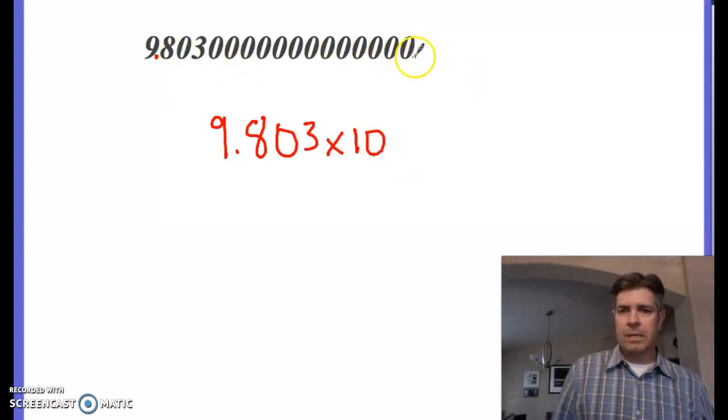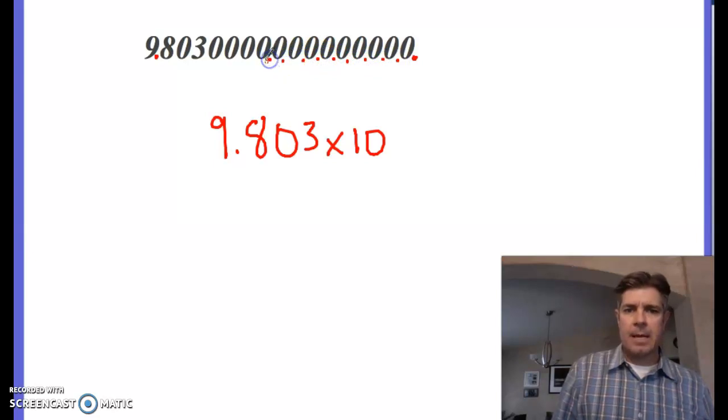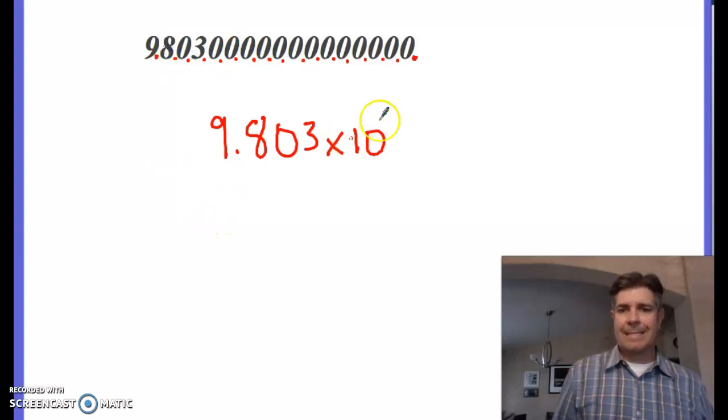Okay, and so here's where the decimal point would be, right? And so we have to count how many spaces there are. So here's 1, 2, 3, 4, 5, 6, 7, 8, 9, 10, 11, 12, 13, 14, 15. Moving it 16 places. Okay, so I'm going to put multiply by 10 16 times.